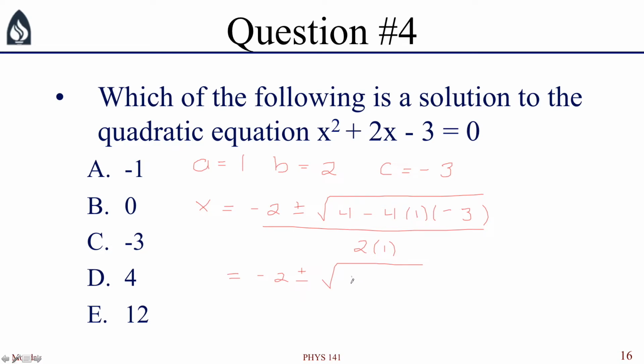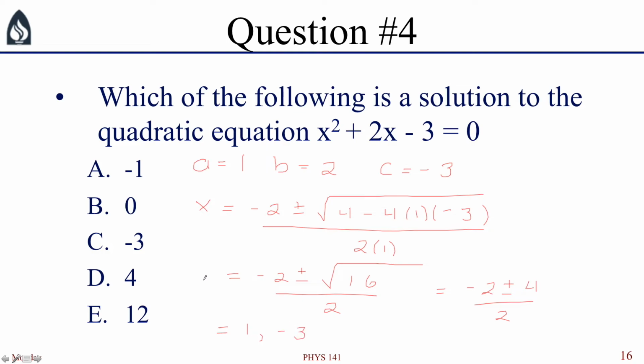So that would be the square root of 16 divided by 2. And the square root of 16 is 4, so I have negative 2 plus or minus 4 divided by 2. So for this quadratic equation, I get two different answers, 1 and negative 3.